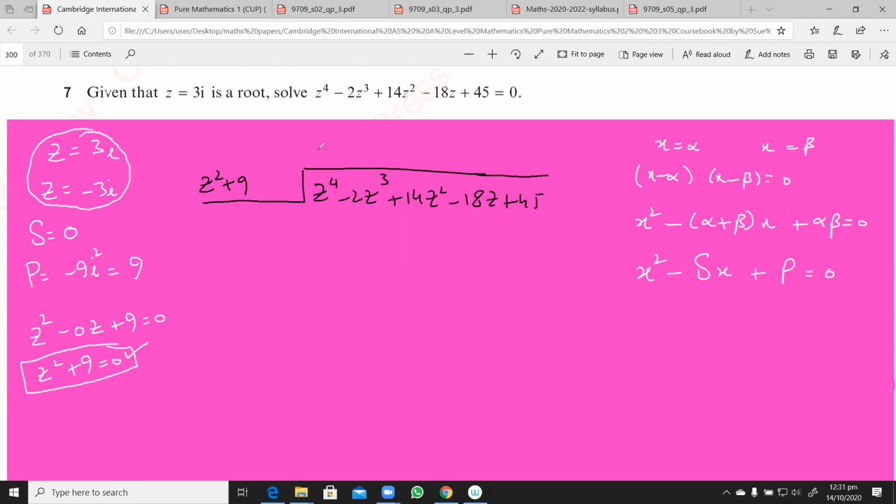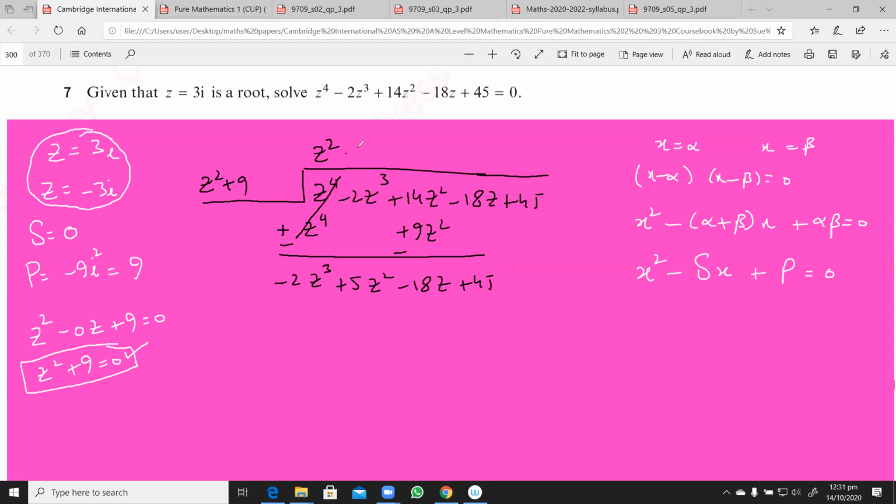Now z squared into z squared gives us z raised to the power 4, and I'll be writing the like terms under each other. So I have minus 2z cubed plus 5z squared minus 18z plus 45.